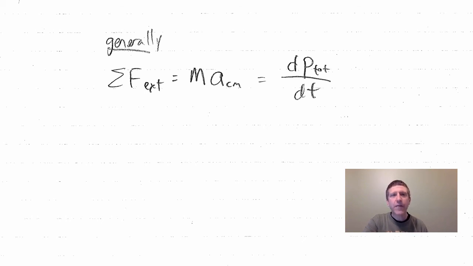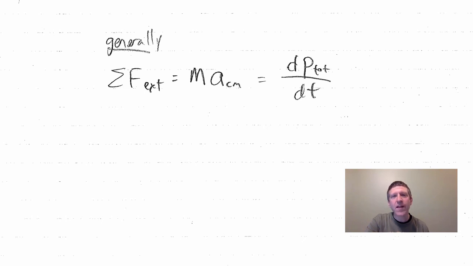For example, if you have 10 objects and they've all got different forces on them, the net external force will be the mass of the system times the acceleration of wherever that center of mass is. So even if the forces are on different objects, you just add up all those forces, and that will be equal to the total mass of the system times the acceleration of the center of mass.